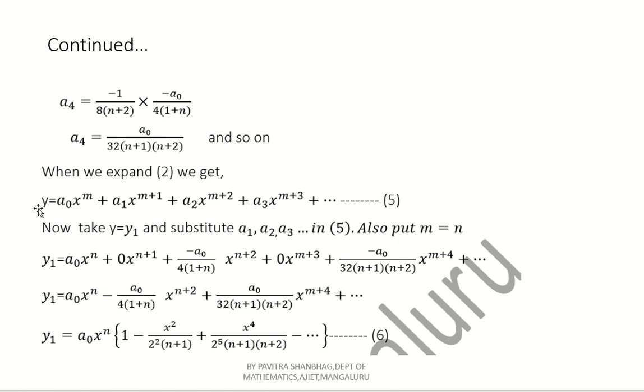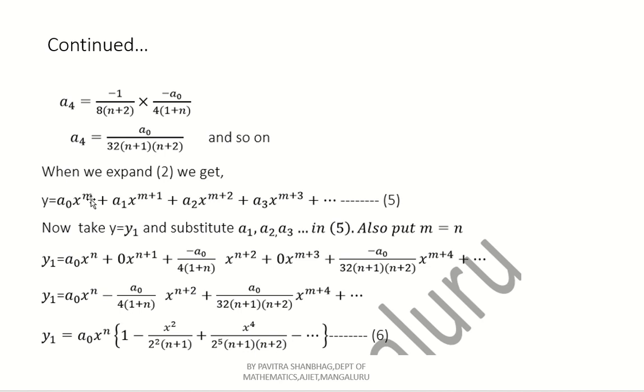Now let us choose this y as y1, because we are discussing two cases: m equal to n and m equal to minus n. Let us choose y as y1 for the positive case m equal to plus n, and substitute all the values a1, a2, a3. Instead of y we write y1, and instead of m we write n.